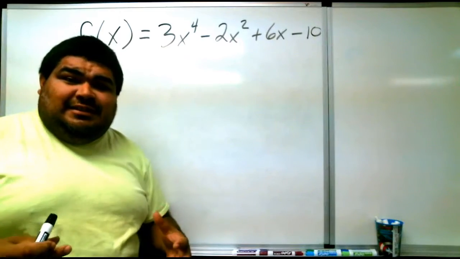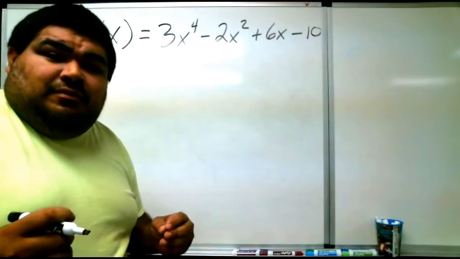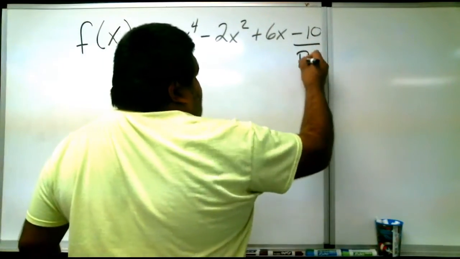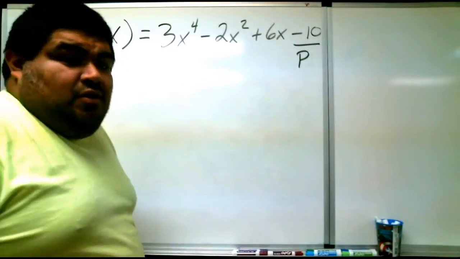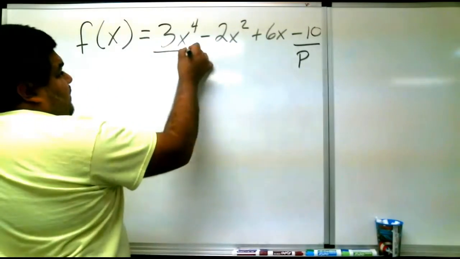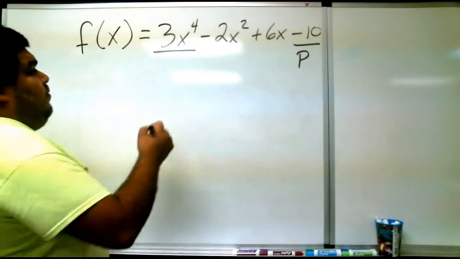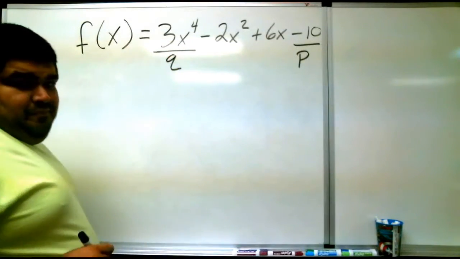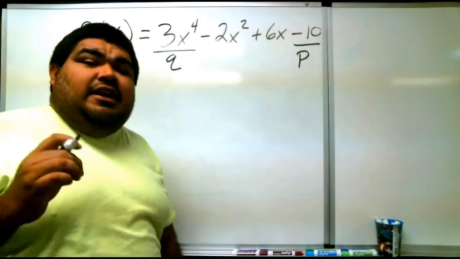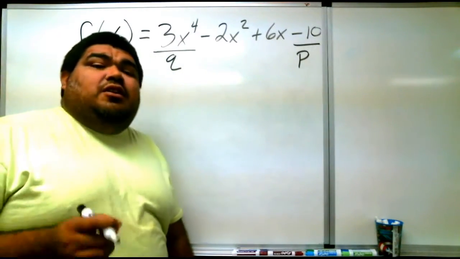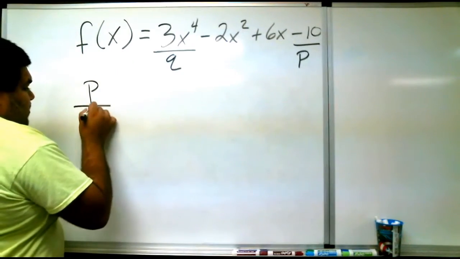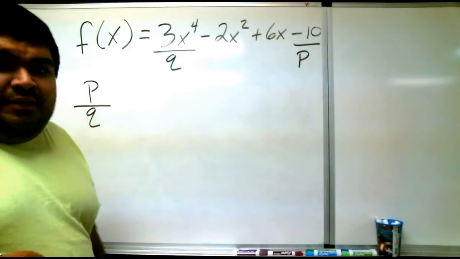Your constant, we're going to call P. Your leading coefficient, in this case the 3, we're going to call Q. The reason why is because there's an equation that says in order to find all the solutions, it's P over Q.